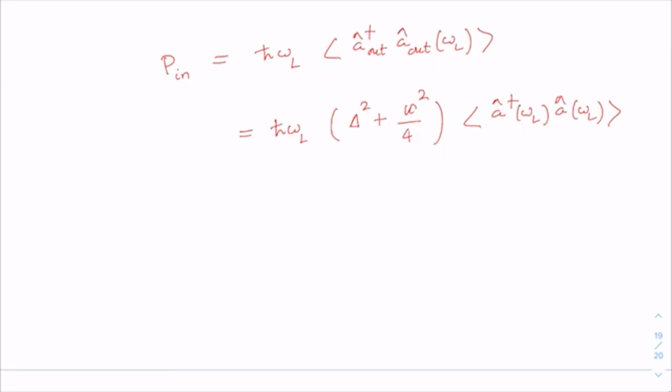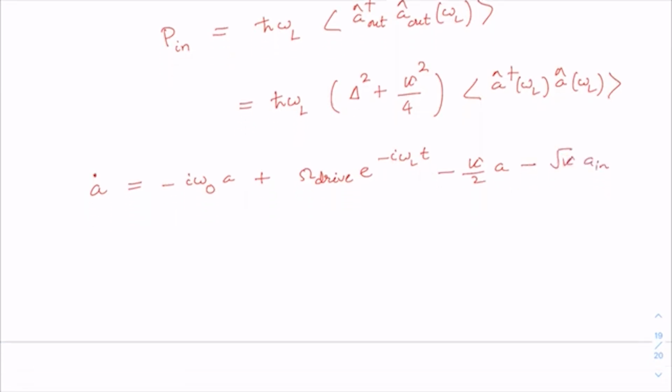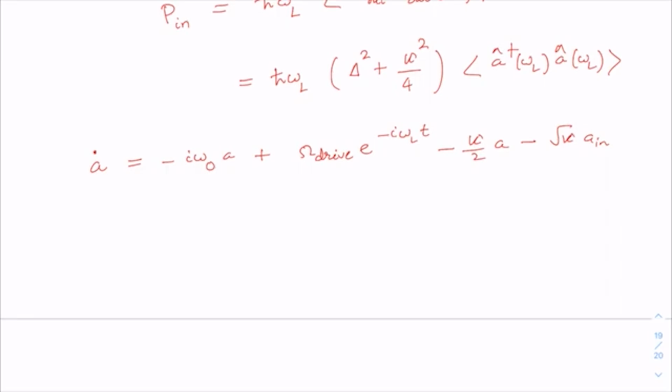Now to go further, let me first do one thing. Let me take the equation for the cavity mode once again. So I have A dot is equal to minus i omega 0 A plus omega drive e to the power minus i omega L t, minus kappa by 2 A, minus square root of kappa A in. To get rid of this explicit time dependence, I apply the usual trick.